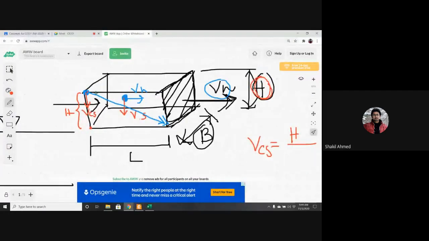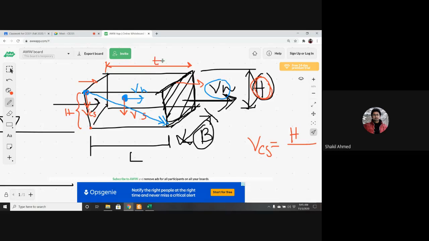T is the time from entering the inlet to just exiting the outlet, that is, the duration for which the water remains in this tank.